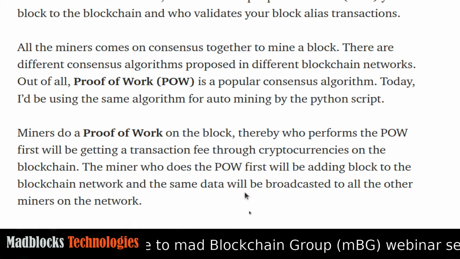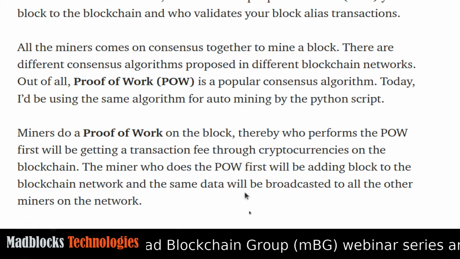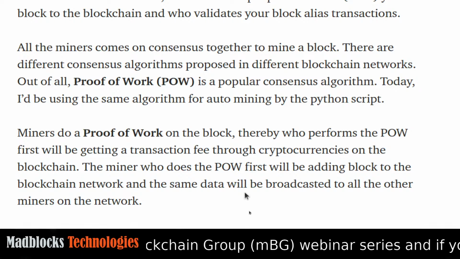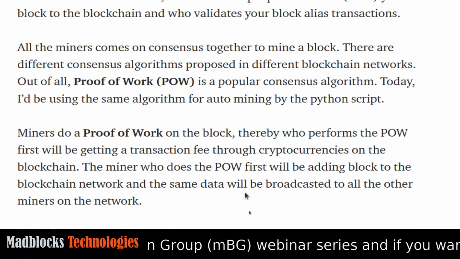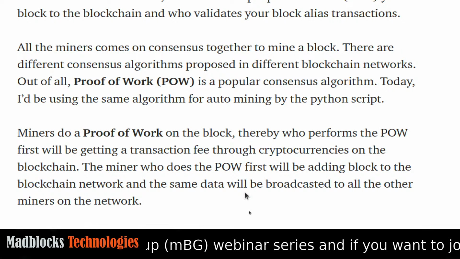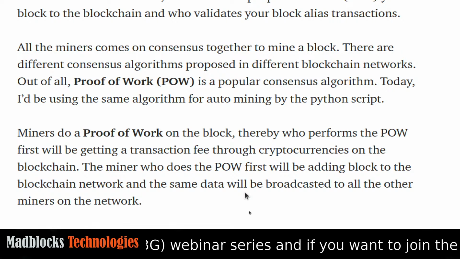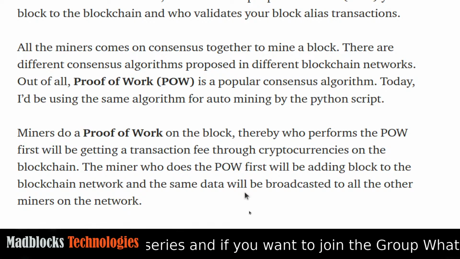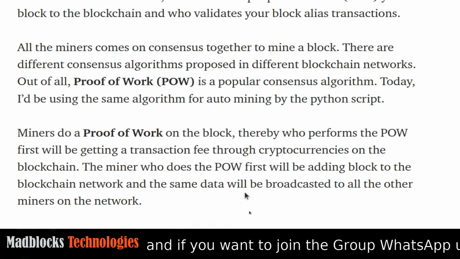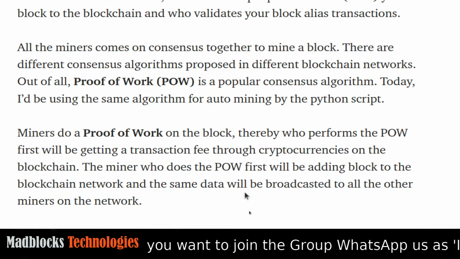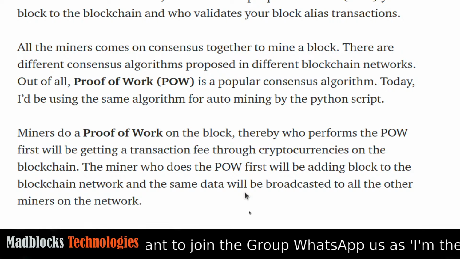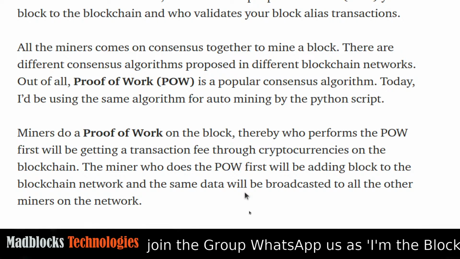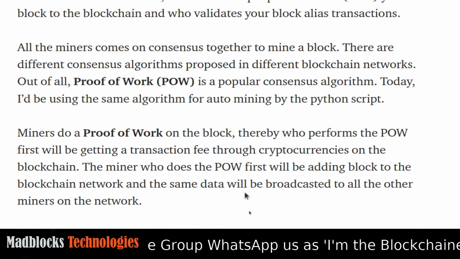One miner will do proof of work faster according to the infrastructure and the logic he writes. Whenever he does the proof of work first, he adds that block to the blockchain, and he broadcasts the data to all the other miners saying that he has mined this block.